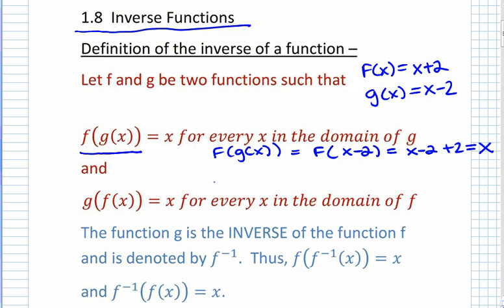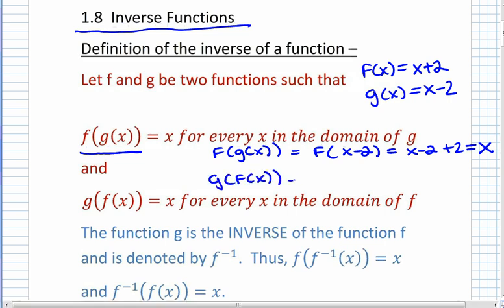And then it also means when you do g of f of x, that means I'll go g of x plus 2, which means I'd get x plus 2 minus 2, which is x. So notice when you do g of f of x and f of g of x, that it will be x. If that is the case, then these two are inverses of each other.